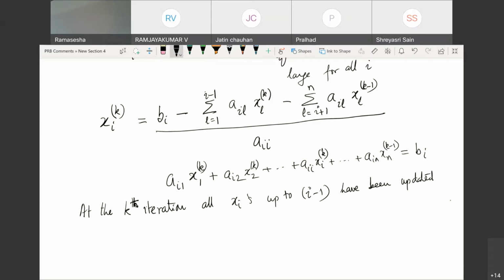So what I have done is at the kth iteration, when I come to the ith equation, all the unknowns until i minus 1 have been updated to the kth iteration value, like I did here.